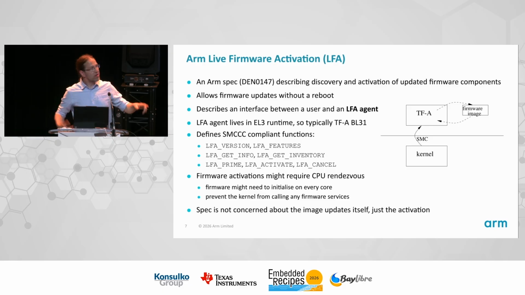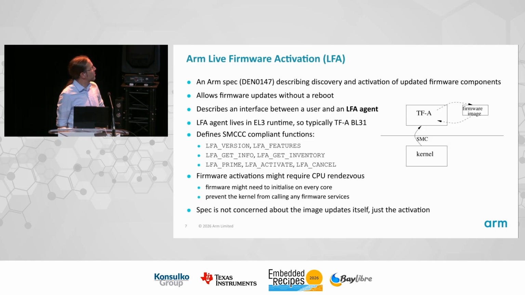So what it basically does is, you see there is a so-called LFA agent, which is some kind of miniature thing that lives in Trusted Firmware or in EL3 runtime, whatever you use for that. Typically it's TF-A BL31.